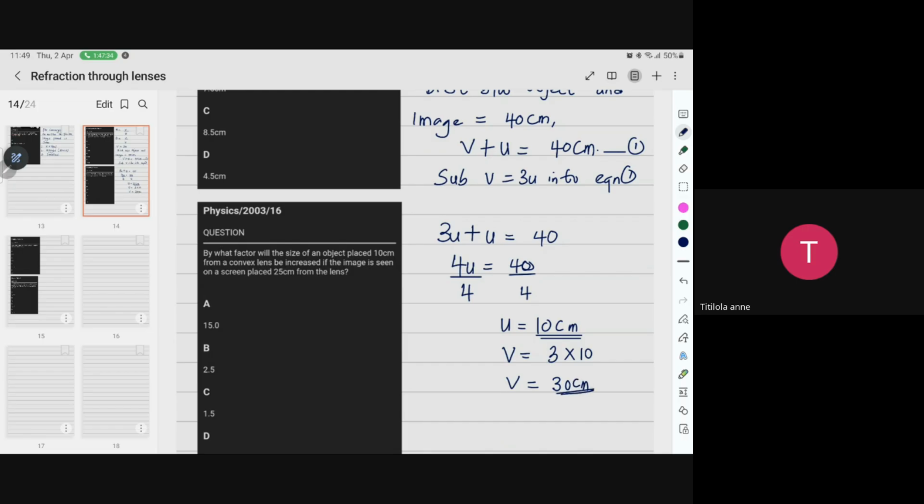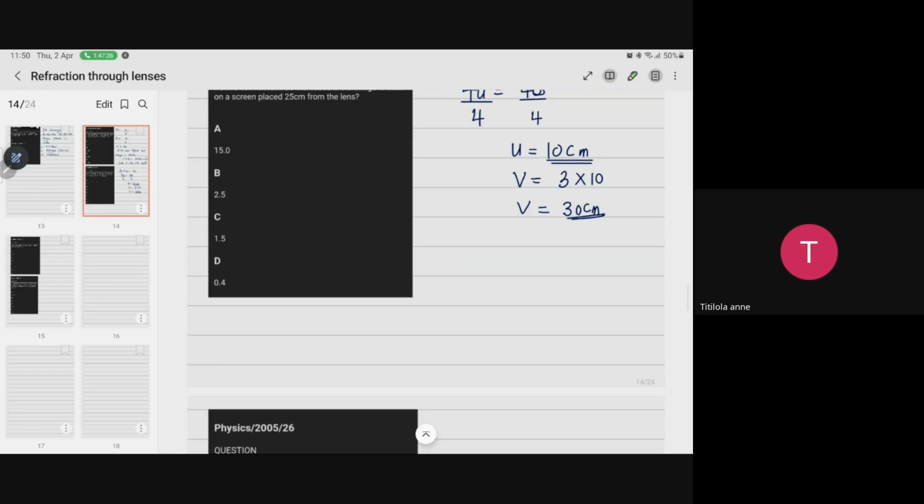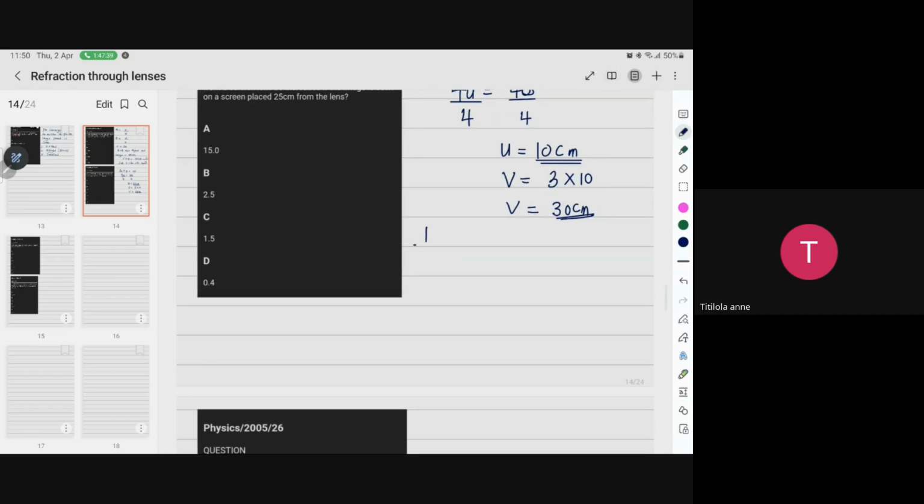So the formula for our focal length is 1 over F equals 1 over V plus 1 over U. Then we substitute everything we've gotten into the equation. That's 1 over f equals 1 over 30 plus 1 over 10. Then 1 over f will give us 4 over 30.